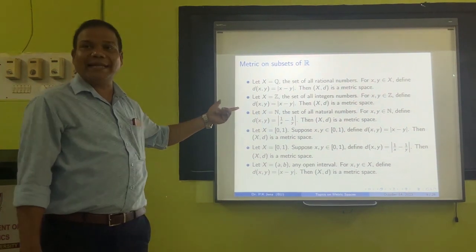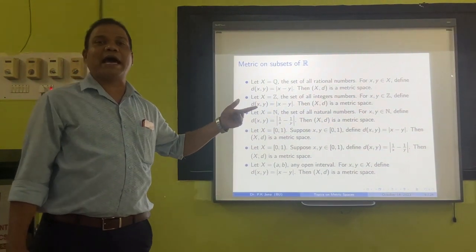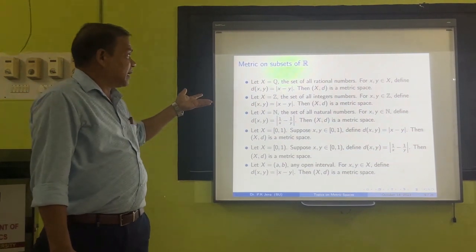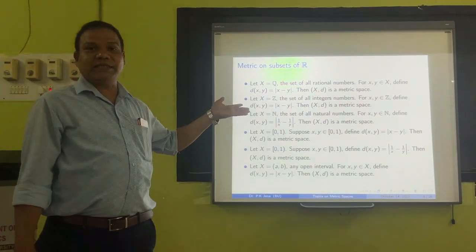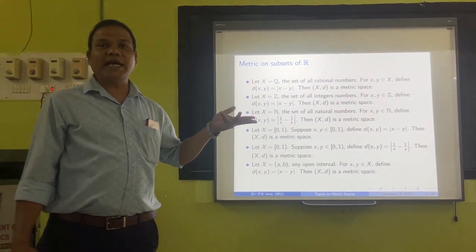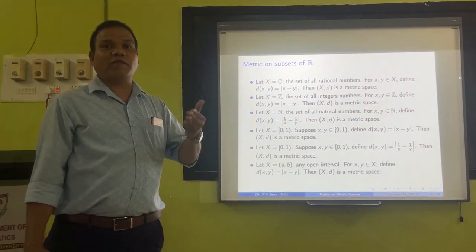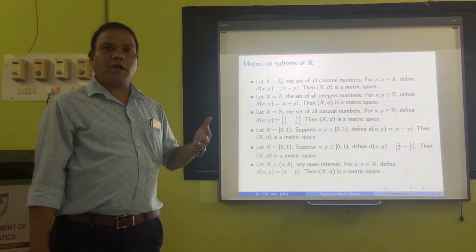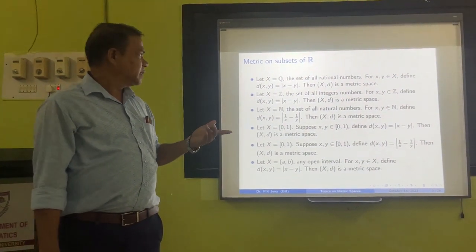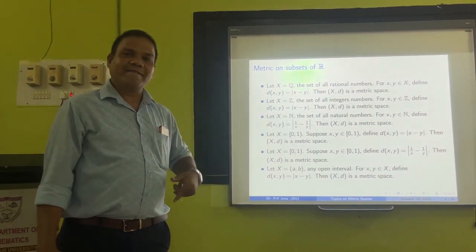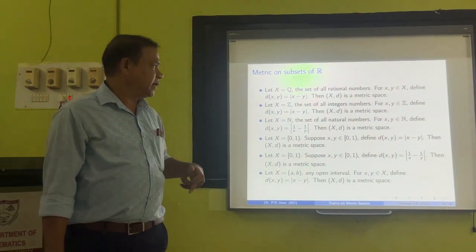Similarly, if you consider another subset of R, which is Z, the set of all integers, the question arises which metric you will equip on X so that you can form the metric space, the ordered pair X comma d. Yes, we can define the same metric which was defined on R. We are telling it as the induced metric.